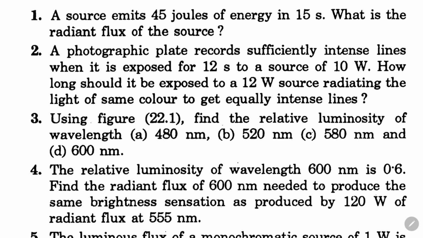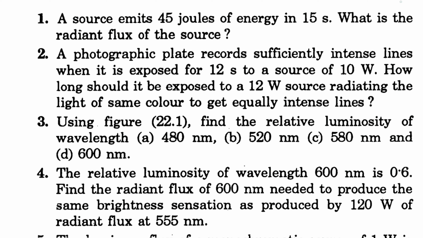In the second question, we have a photographic plate which records sufficiently intense lines when it is exposed for 12 seconds to a source of 10 watt. How long should it be exposed to a 12 watt source radiating the light of same color to get equally intense lines?